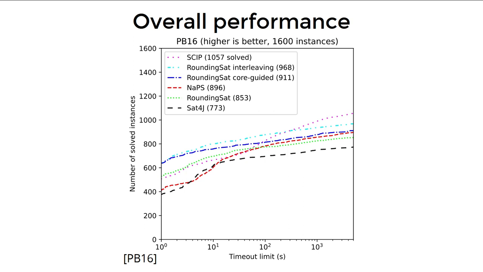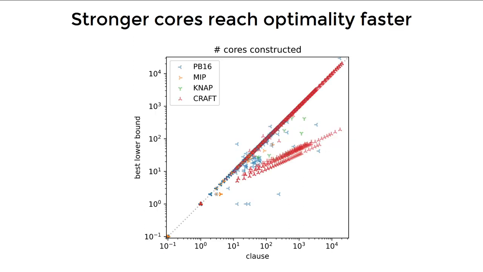A more targeted experiment investigates the advantage of a cardinality core compared to a clausal core. The solver configuration on the x-axis reduces the cutting plane score to a minimal length clause, while the approach on the y-axis reduces to the cardinality core yielding the best upper bound, as explained previously. Each data point represents an instance solved to optimality by both approaches, using only core-guided optimization, no linear optimization here.